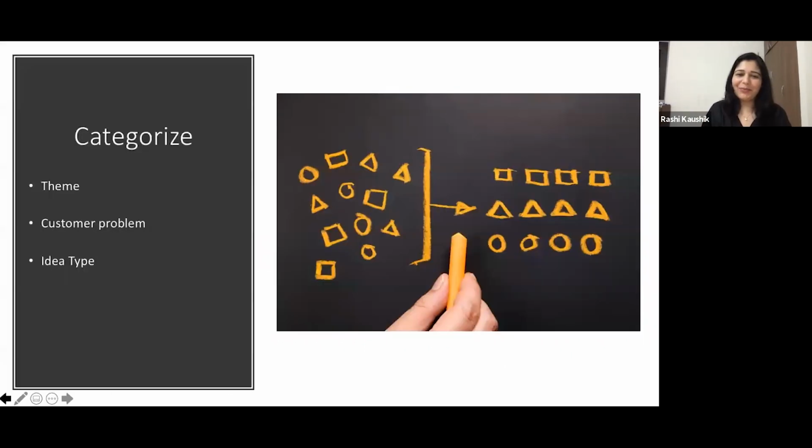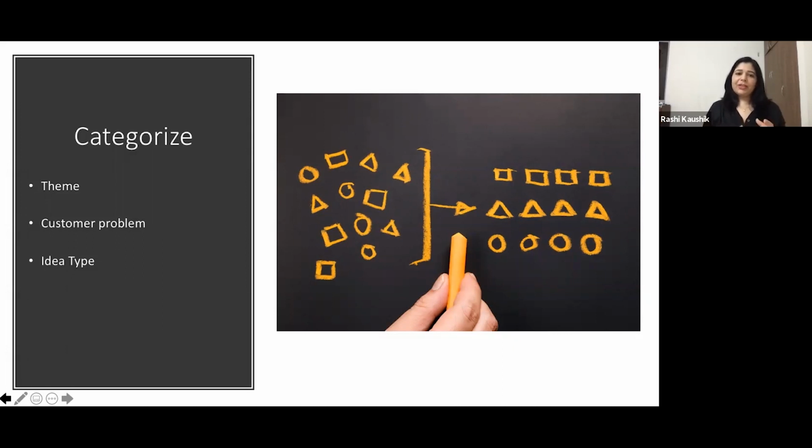Okay, so now you took a collaborative approach, and don't blame me if you've got a farm full of cows and goats and horses. I know you have a bunch of ideas now and you're totally confused as to what to do next. So the next logical step is to start categorizing those ideas. You can categorize based on the customer problems you are solving.